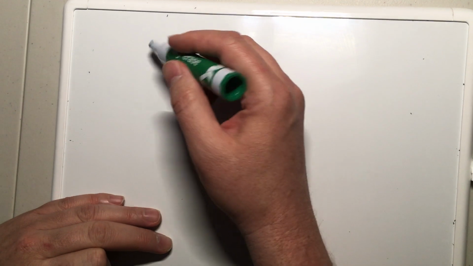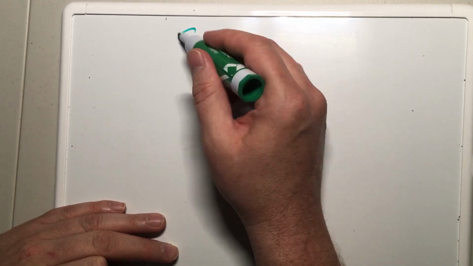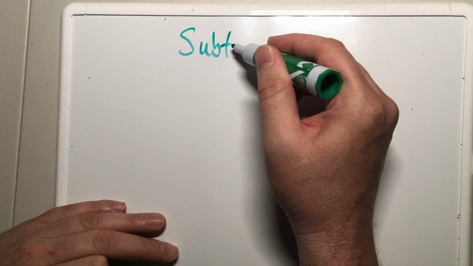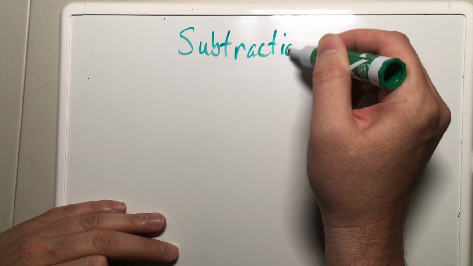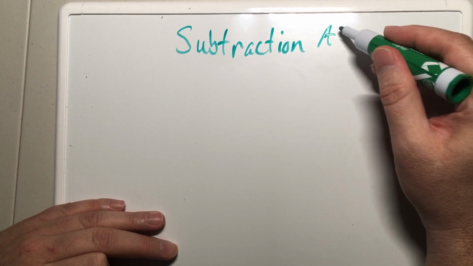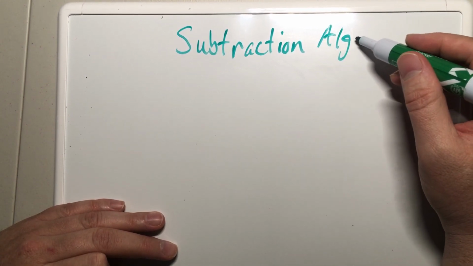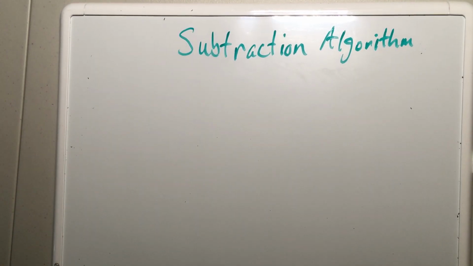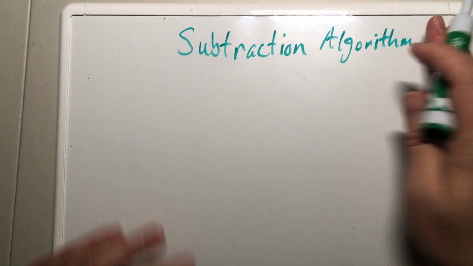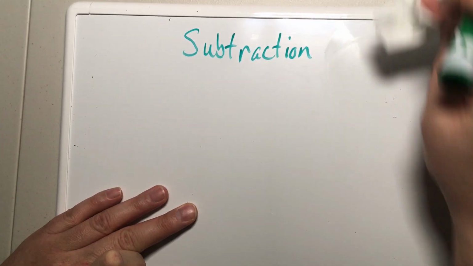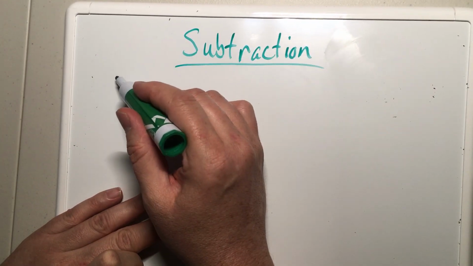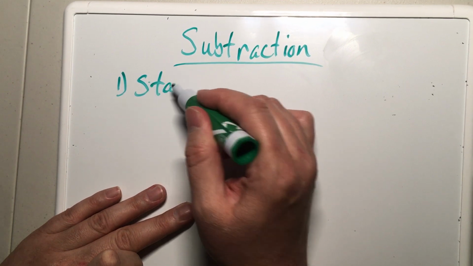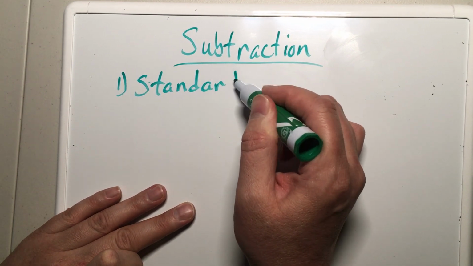Okay. So the next thing we're going to do is the standard algorithm. Anytime we talk about the standard algorithm, all right, and if you saw my video on ways to add, then you know the algorithm just means basically what most people can do.